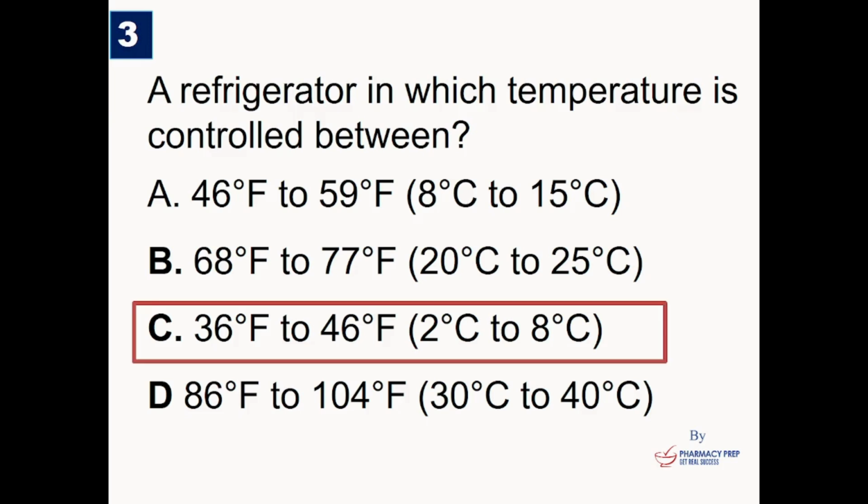The correct answer is C. 36 to 46 Fahrenheit is the temperature for a refrigerator or fridge. However, if you have a question that asks for just one mean temperature rather than the range, then 41 would be the mean of 36 to 46 Fahrenheit.